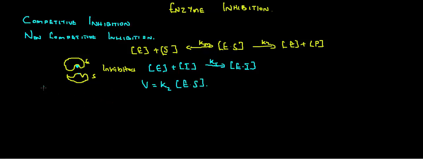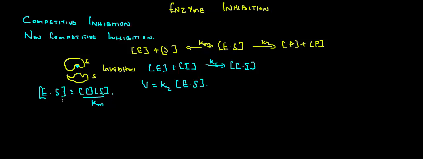Now do not forget that earlier on I said that ES is equal to E times S over KM. This was the reason why I said we need to be very careful. I derived the Michaelis-Menten equation in order for us to get back here and not get confused.